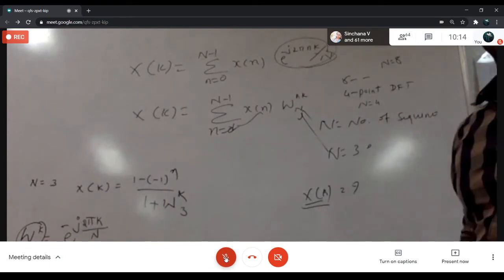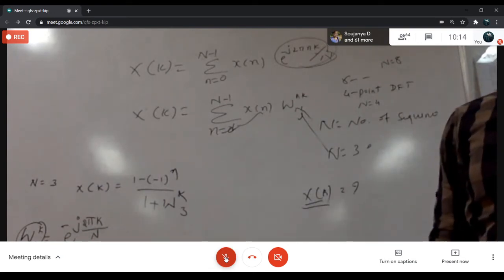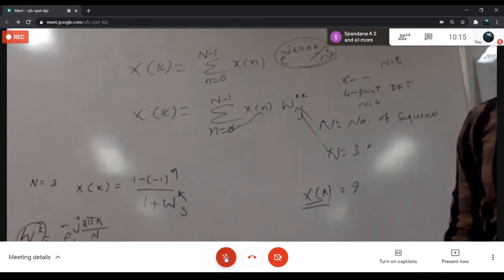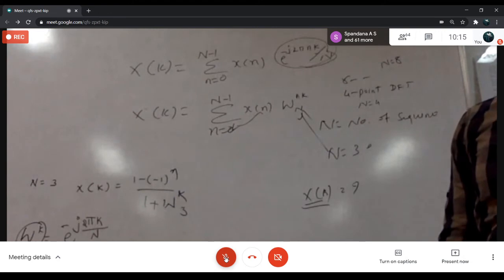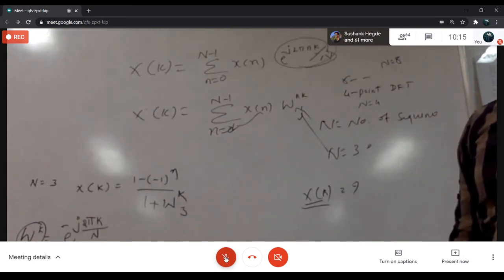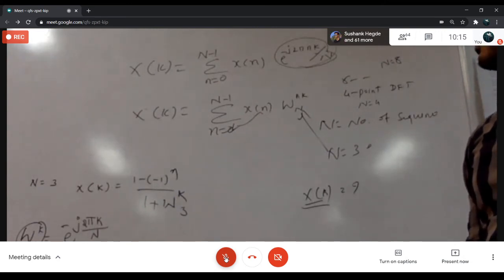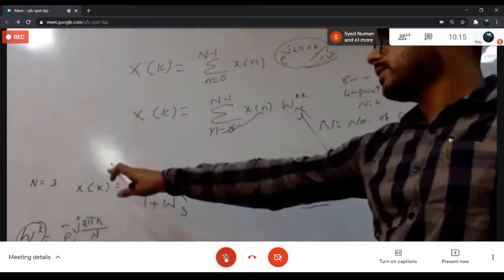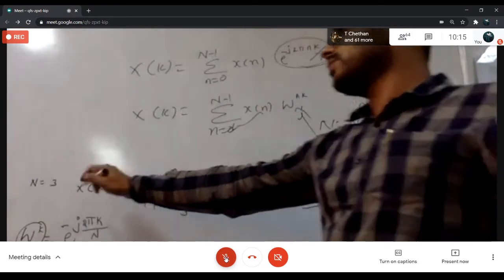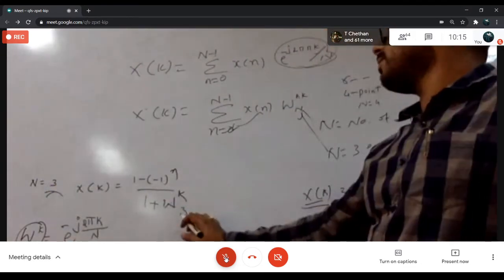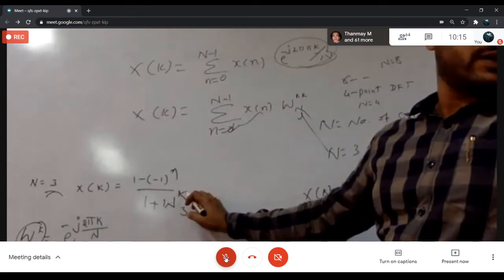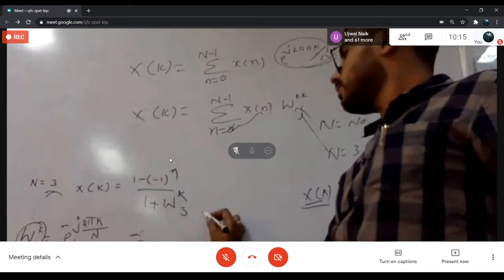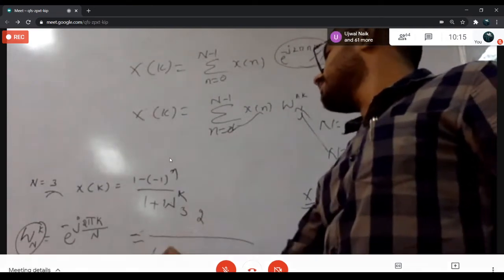So for this, we have given number of n is equal to 3, so we take W_n to the power of k. Okay, and then the next equation is 2 divided by 1 plus, what is the W value?